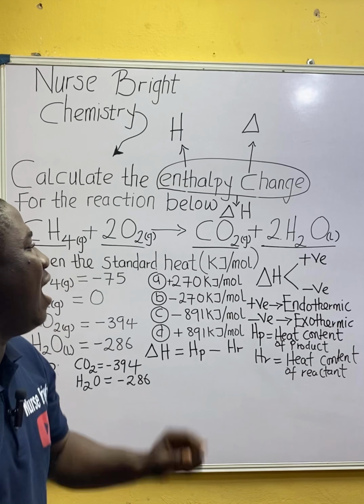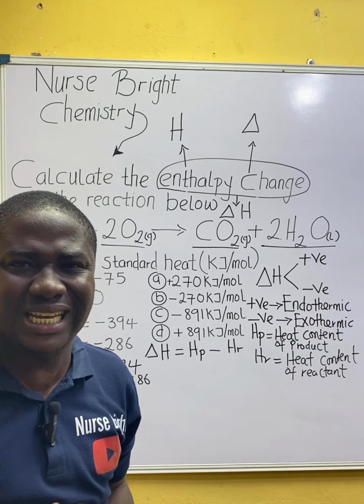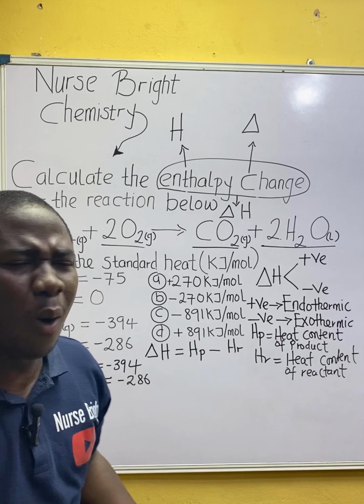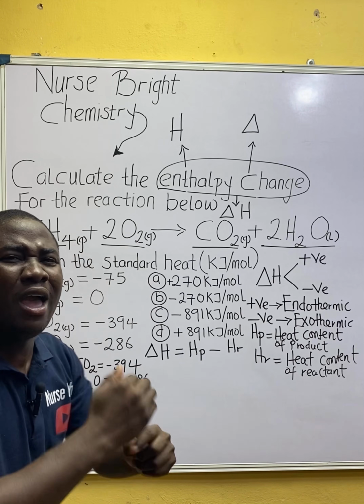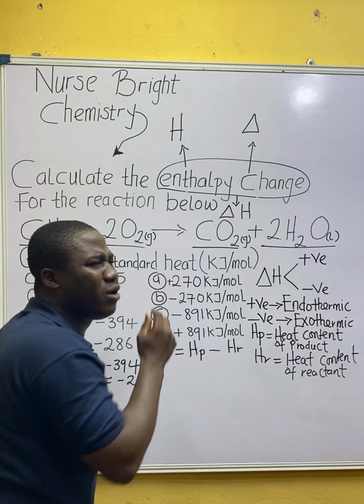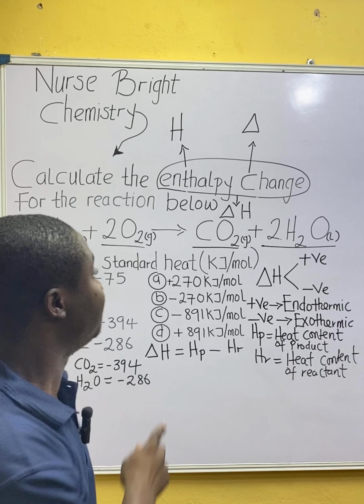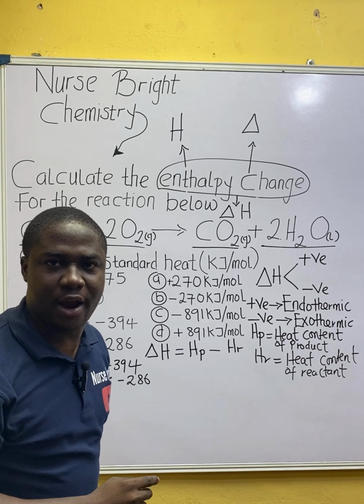You have to be careful about the values, the moles of these substances, be it an element or a compound. Now for CO2, whenever you are balancing a chemical reaction and you don't see a value written in front of these compounds or elements, you assume it to be 1. There is an invisible one here that we cannot see.